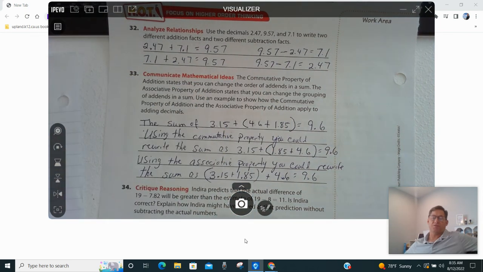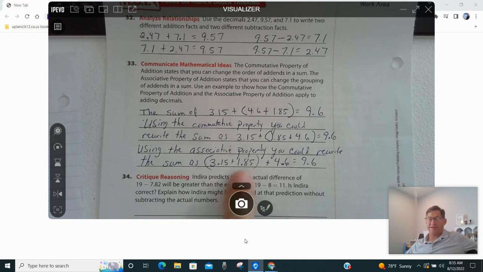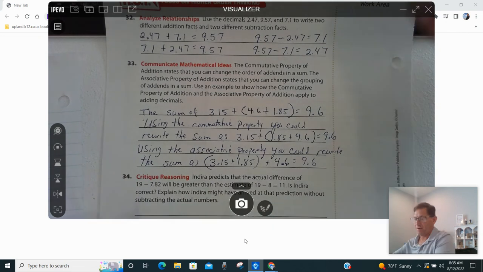Okay, so using the associative property, if I put those two together, that's 5. And then adding 4.6 to 5 is easy to do in your head.